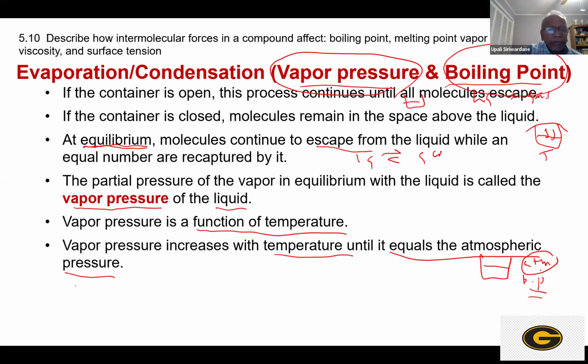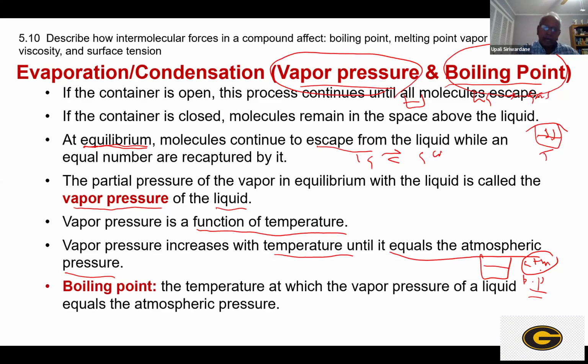The boiling point of a liquid is defined as the temperature at which the vapor pressure of a liquid is equal to the atmospheric pressure. This is important. You heard about this. Water boils at a lower temperature at high elevation.